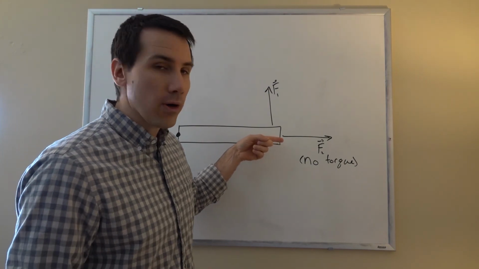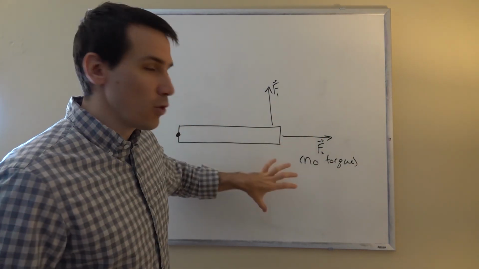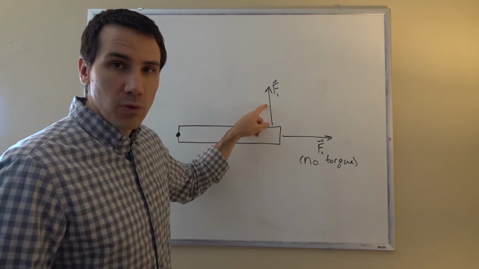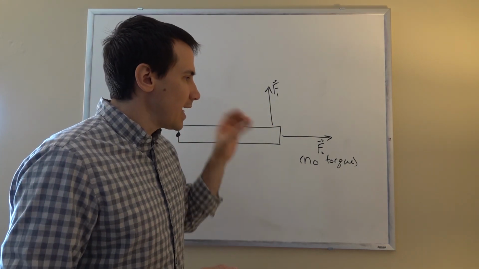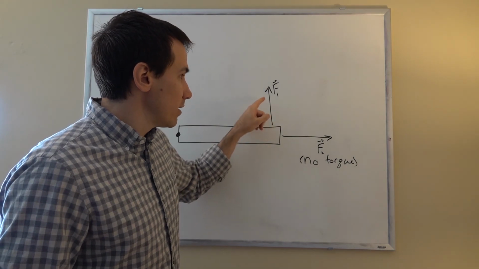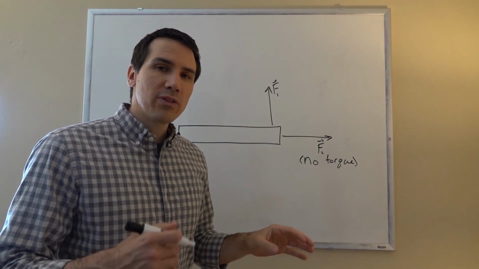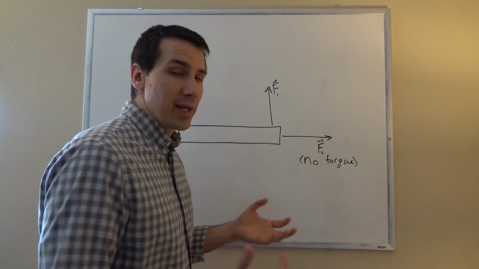Because no matter how hard I pull this way, right, the door is not going to start to rotate. Whereas this force here definitely applies a torque. So now, if we know that F1 here is a good torque and F2 is a bad torque, we could think about what if I applied a force at any arbitrary angle?